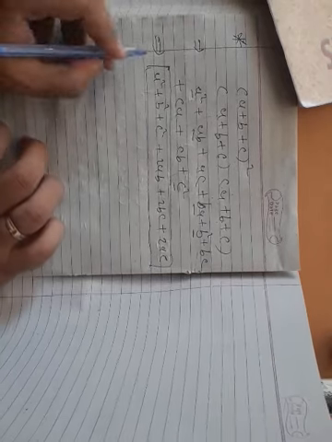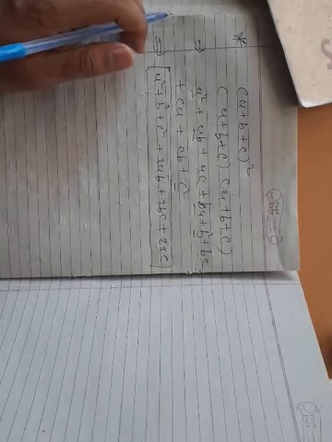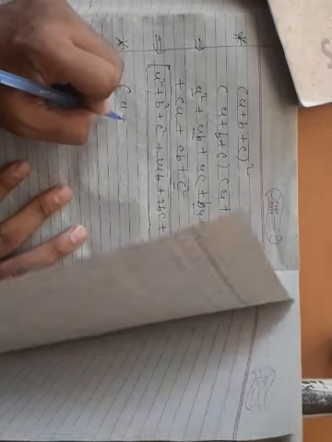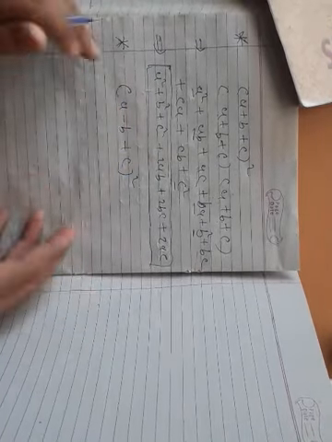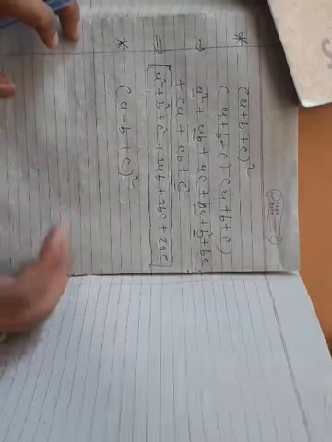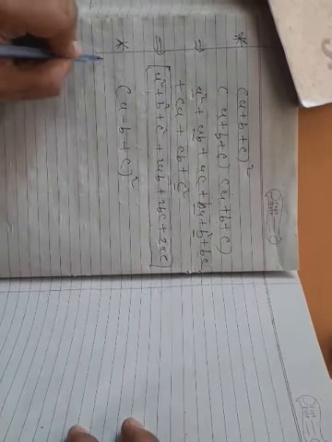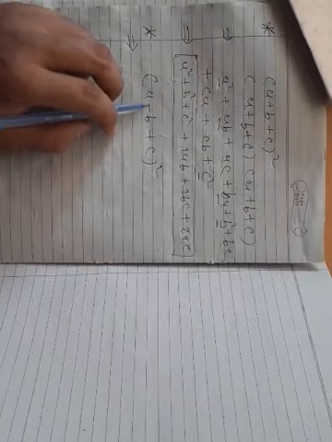Now there may be some twist in the formula. How? Suppose there is a minus here, then how can we have the formula? We can do it by the same process, and there are some shortcuts also. See, here we have minus instead of plus.